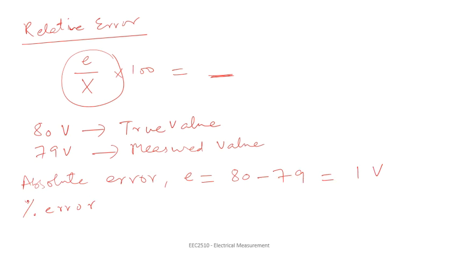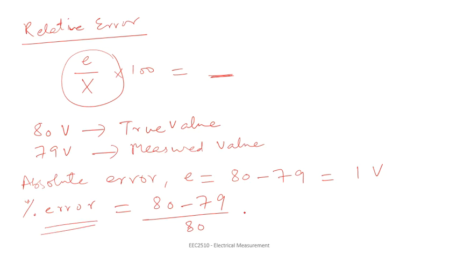Or if you have to obtain the percentage error, then the percentage error will be again this E, that is the difference of the actual and measured value, over the actual value. And since you have to calculate the percentage error, you multiply it by 100.